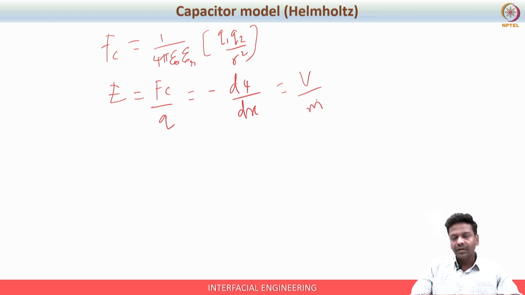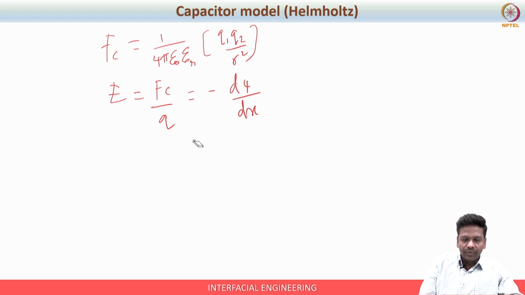Psi is potential, usually expressed in volt. So you get the same unit as we just obtained for Fc by Q. Here the negative sign indicates that the potential decreases as x increases, so this is a negative slope.